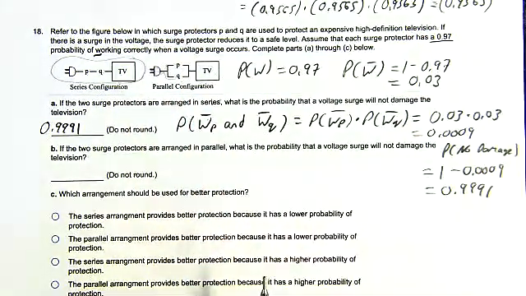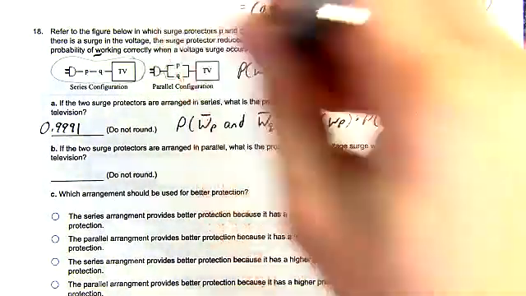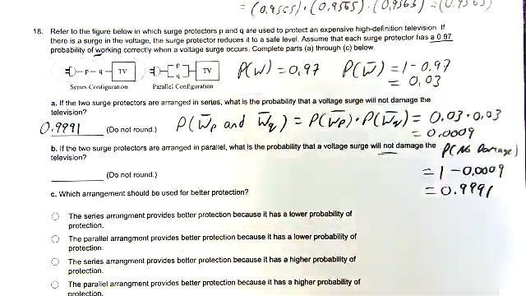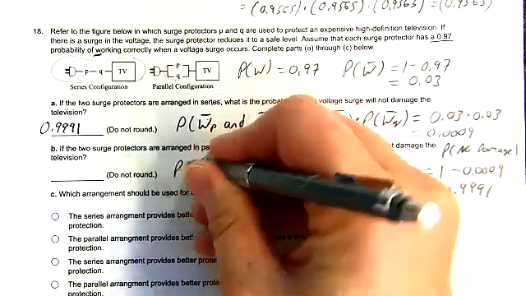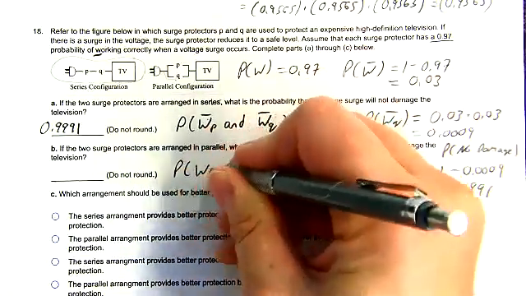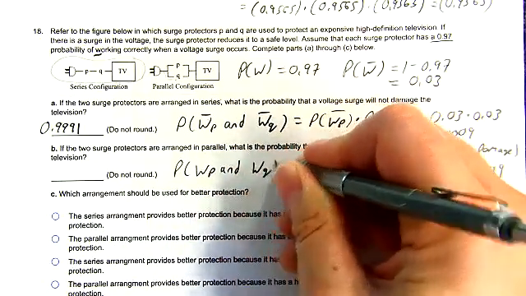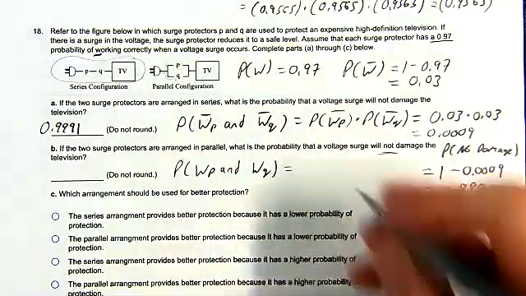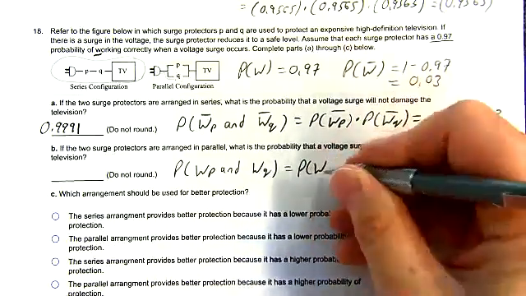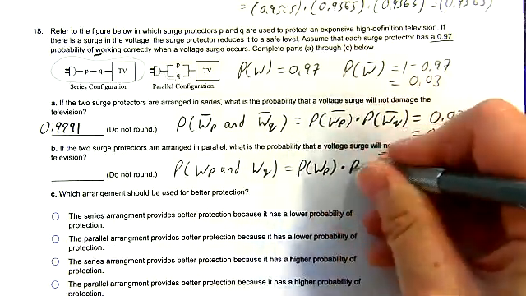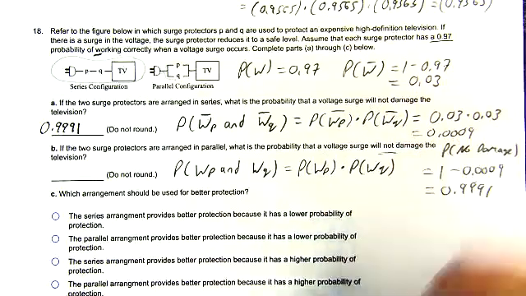So a simpler way to do this one is just to say, well, for it not to get damaged, I have to have P work and Q work. So this would be the probability that P works and the probability of Q working. Again, they're independent. So this is just the probability of P working times the probability of Q working.